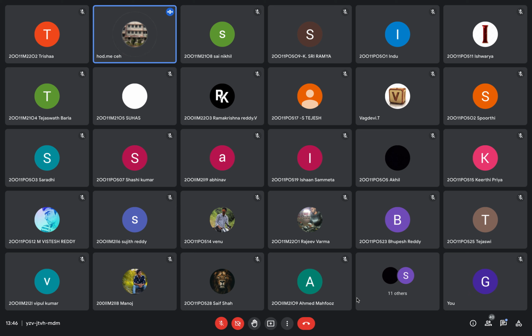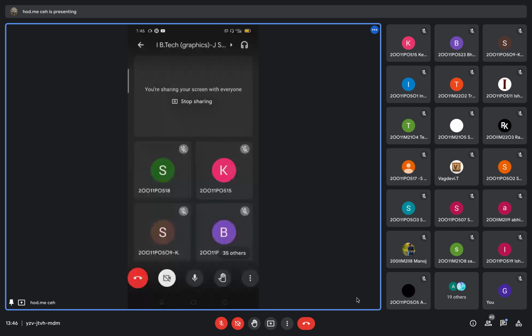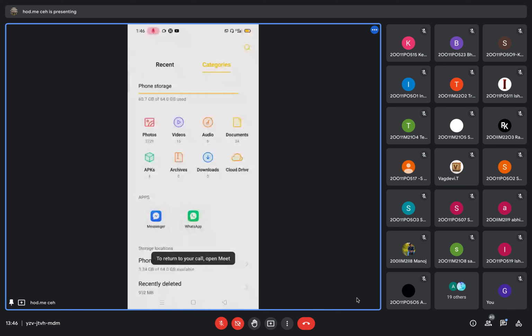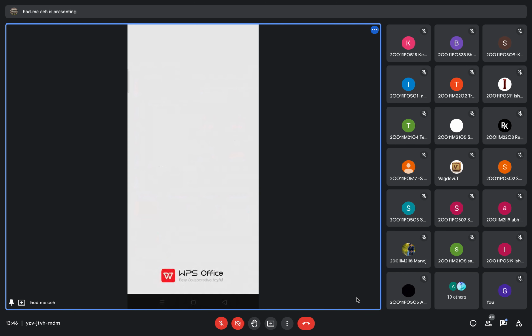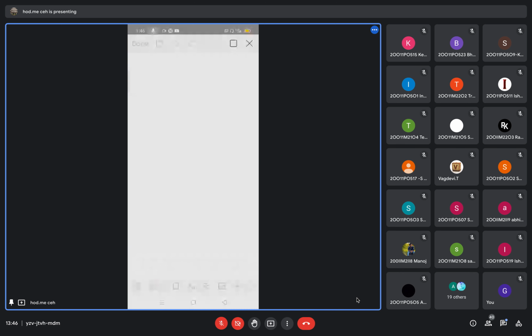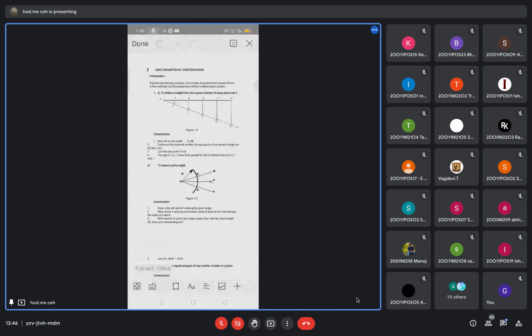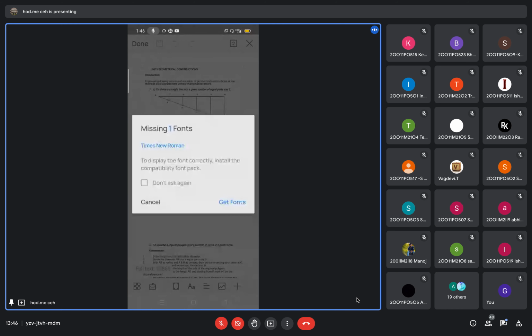The last class discussion was about the different types of geometric projection.